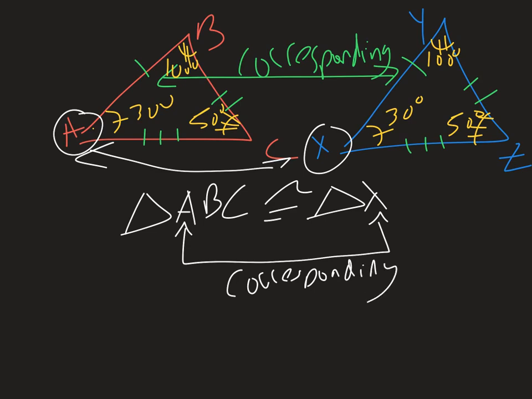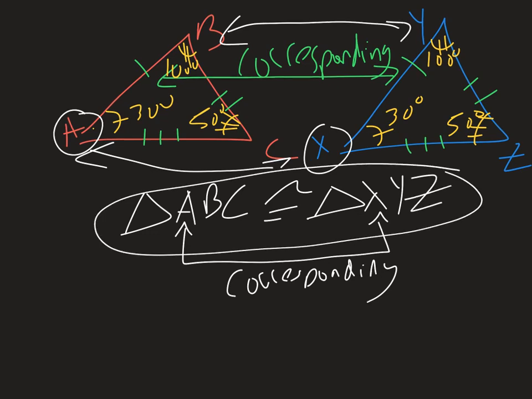Likewise, B and Y are corresponding. Since B came second, Y must come second in the congruent statement. And since C came last, Z comes last. That would be a way I can write that those two triangles are congruent.